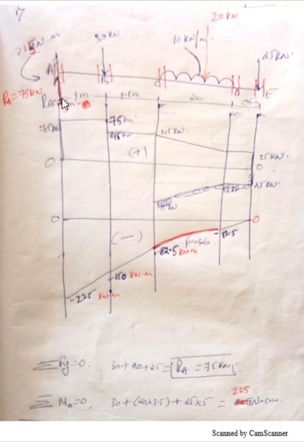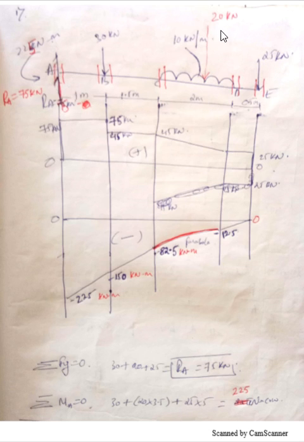It is giving me a clockwise moment, so plus 25 into the perpendicular distance, this is 0.5 plus 2.5 plus 1.5 is 4, and this is 1 meter, it will give me 5. So 25 into 5, because it is a clockwise moment.